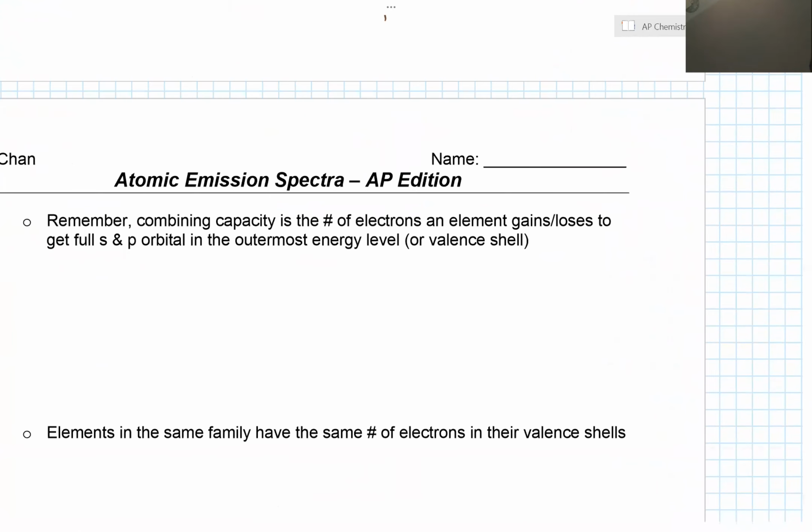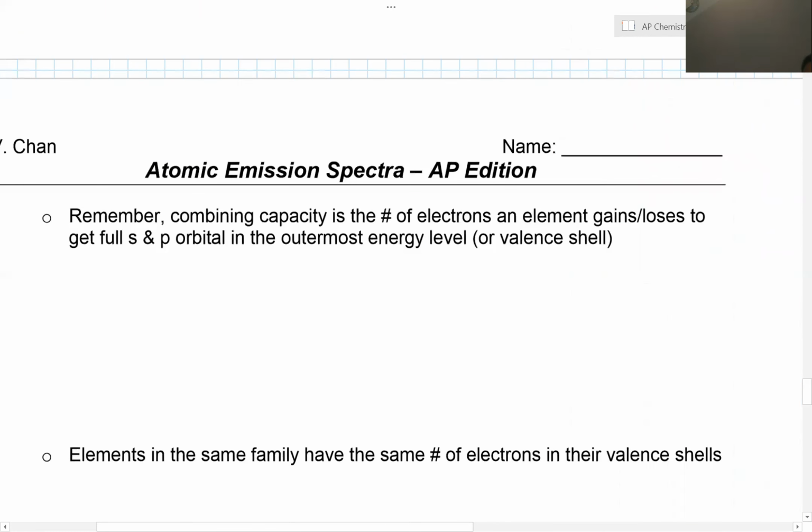Now, remember, combining capacity is the number of electrons an element gains or loses to get a full s and p orbital in the outermost energy level, or valence shell. Combining capacity, you could think of as like an ion charge.